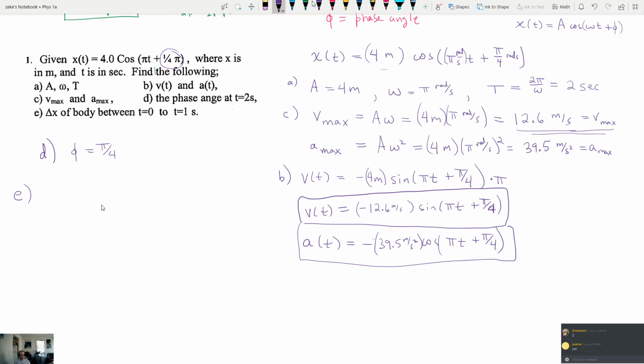Wouldn't we be able to plug in for 1 and 0 and then subtract the 2? So yeah, something like x at 1 seconds minus x at 0 seconds, right? Okay. Why don't you all calculate this? Remember that you need to have your calculator in radians now. X at 1 minus x at 0.